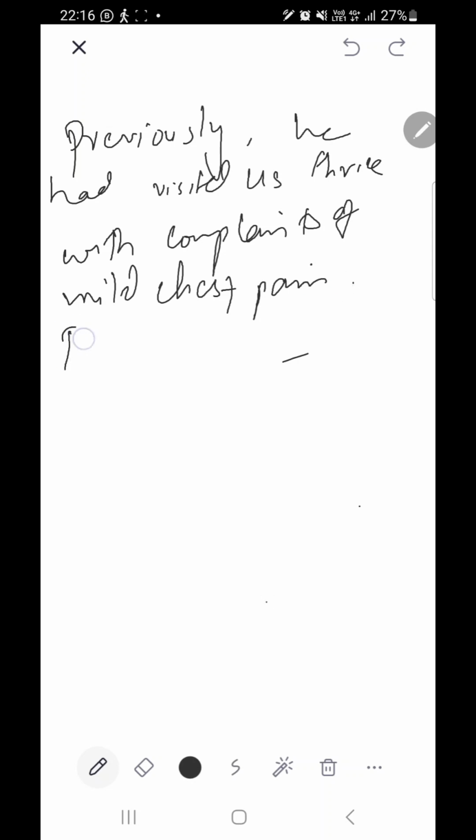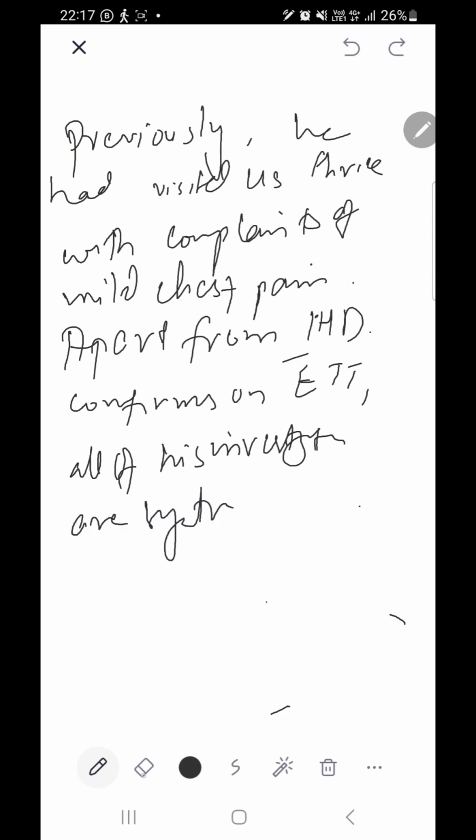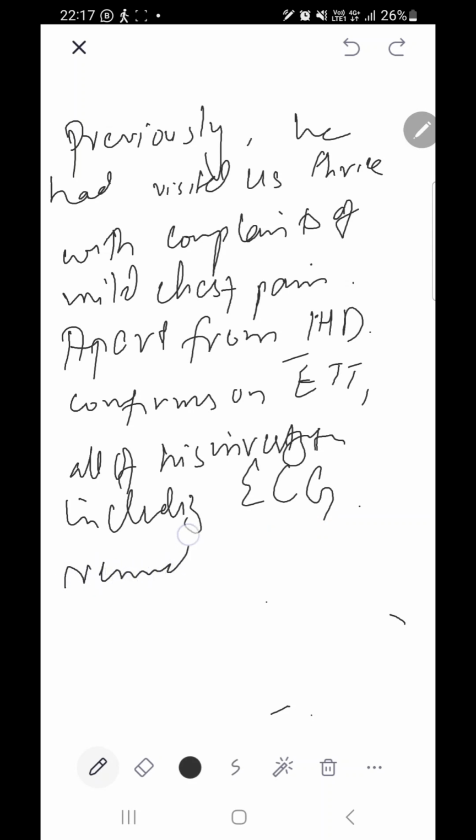Apart from ischemic heart disease, we can add in full form, confirmed on exercise tolerance test. All of his investigations, including ECG, remained normal.